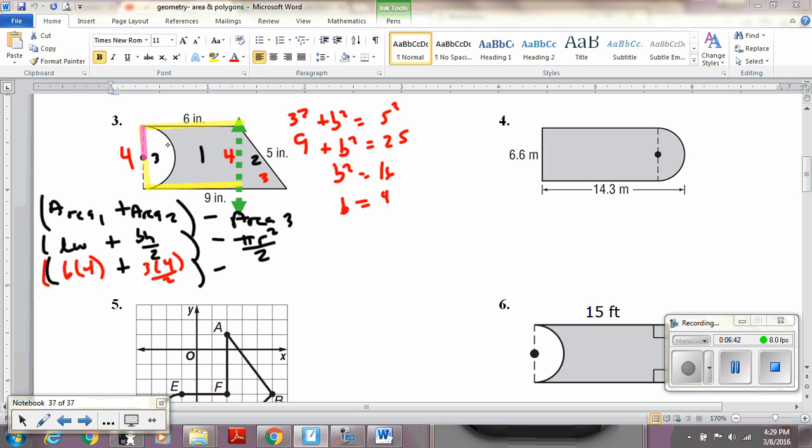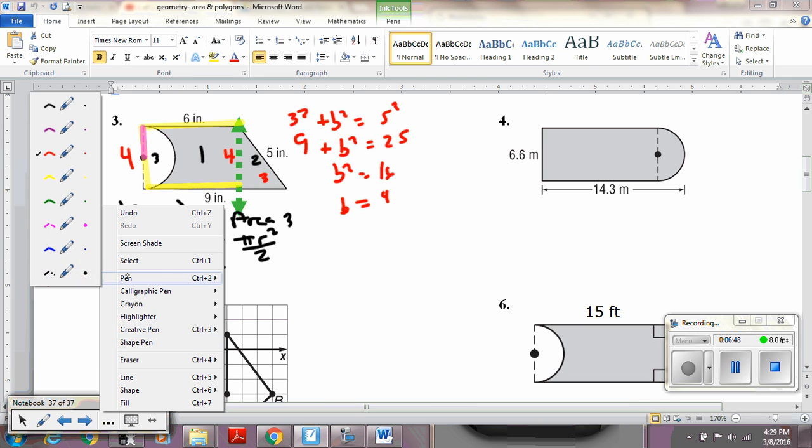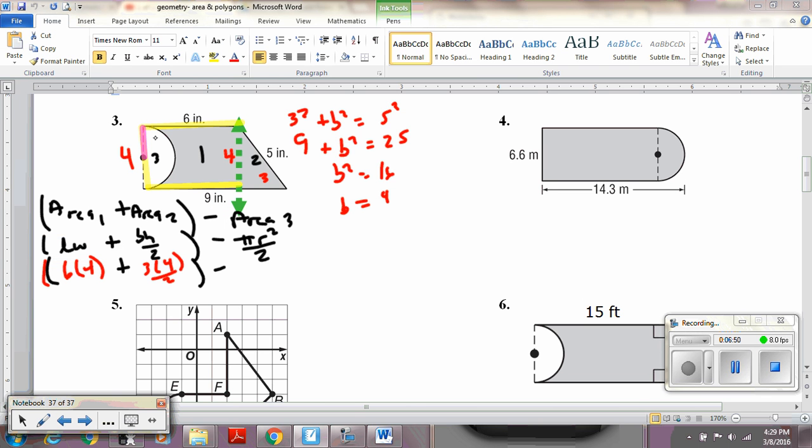The radius is always half of your diameter, so if the diameter is 4, the radius is 2. So I'm going to use pi times 2 squared over 2.